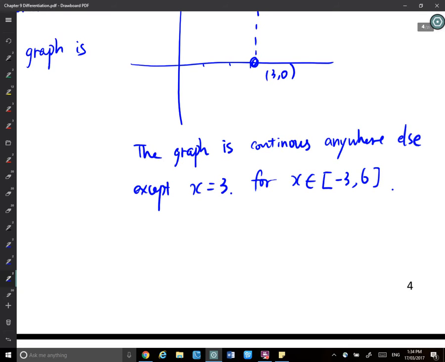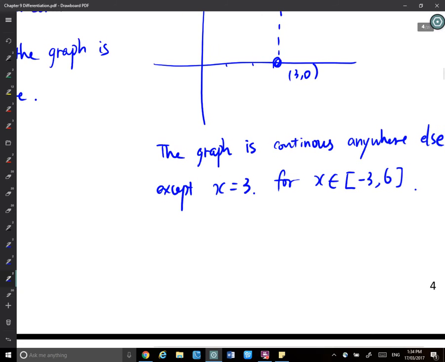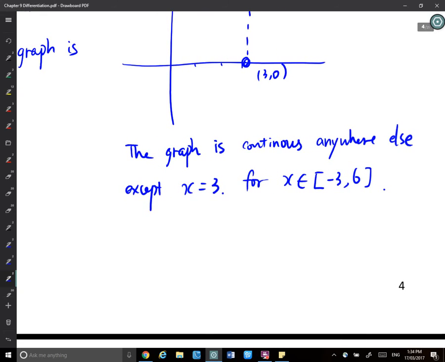At that point, it's not connected. You're trying to connect the two graphs but failed. So it's continuous everywhere else except x equals 3.